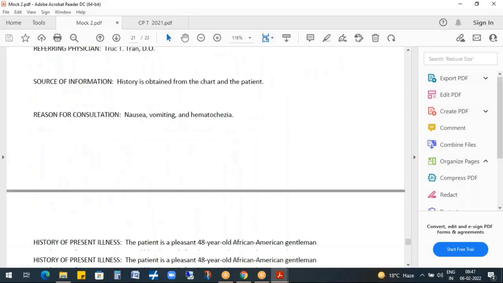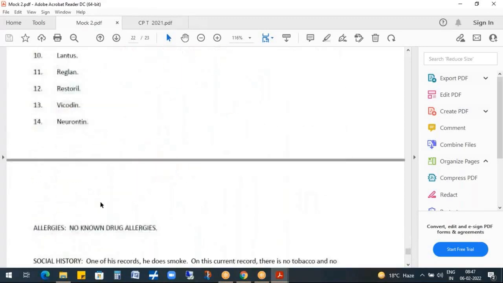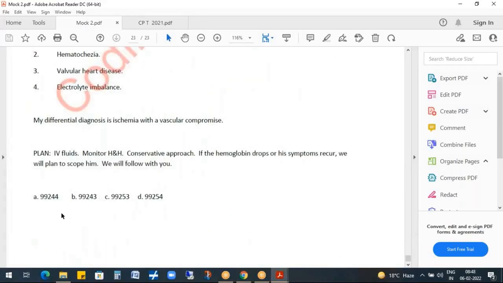Question number 100. These are consultation codes. Two are inpatient consultation and two are outpatient consultation.